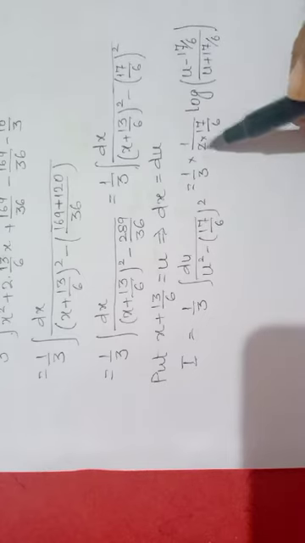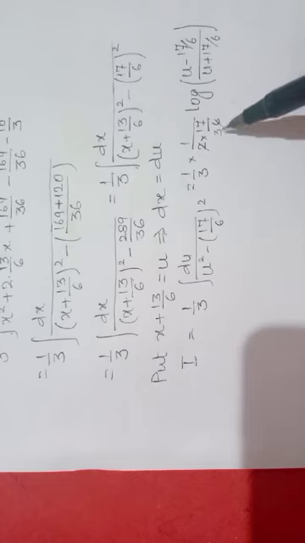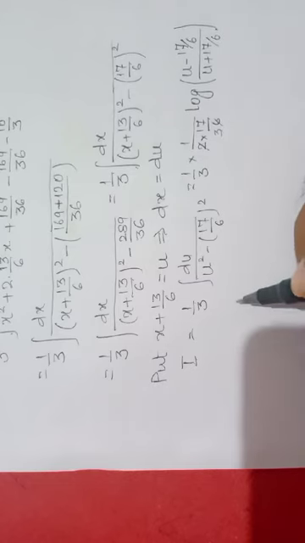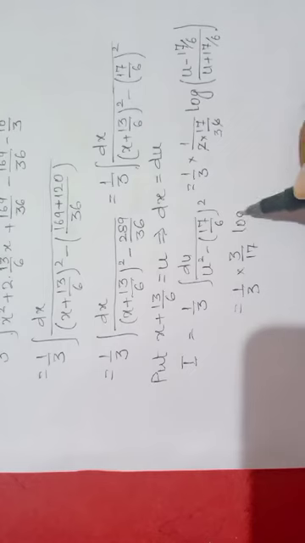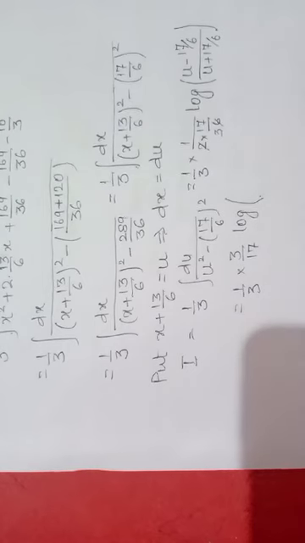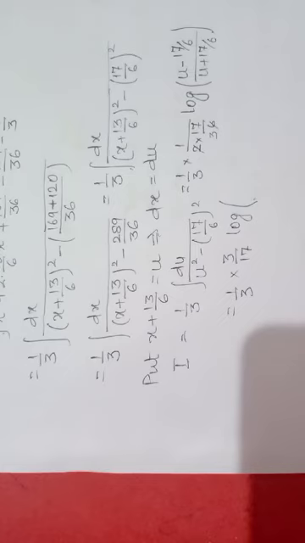Simplify first. 2 and 6 should cancel. 3 shifted to numerator. So 1 by 3 into 3 by 17 log, take out LCM of denominator as well as numerator. The LCM of numerator will be 6, and the LCM of denominator is also 6, so both should be cancelled.